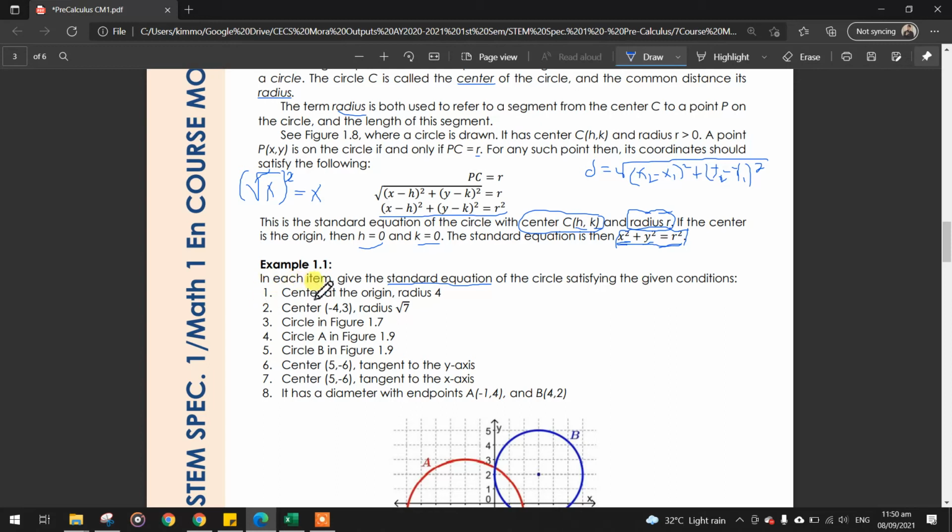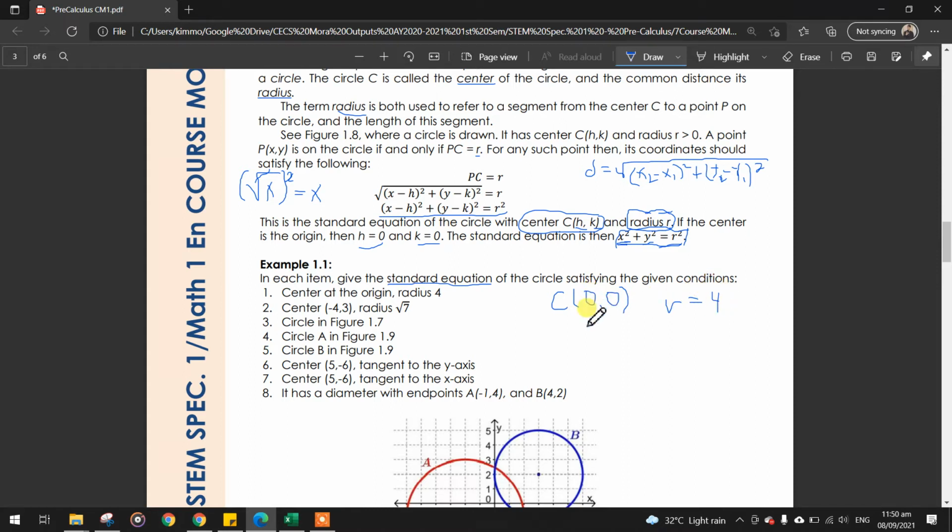So number 1: center at the origin and radius is equal to 4. Again, what we need to find is just the center and the radius. The center is given at the origin, meaning the center is at coordinates 0, 0. And our radius is given as equal to 4.